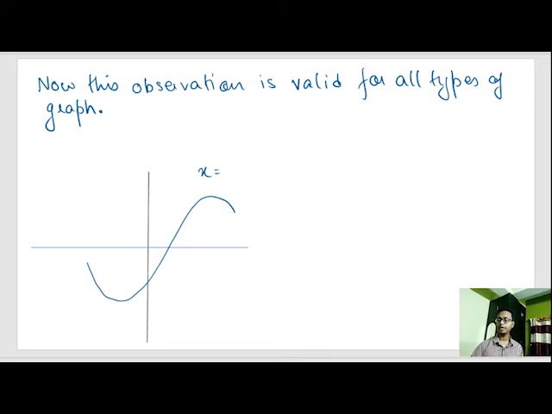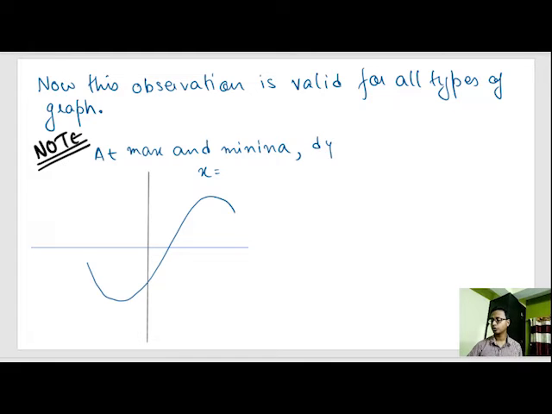So write down a note: at maxima and minima, dy by dx, or slope, is always equal to 0. dy by dx means nothing but that this graph was plotted with y versus x.